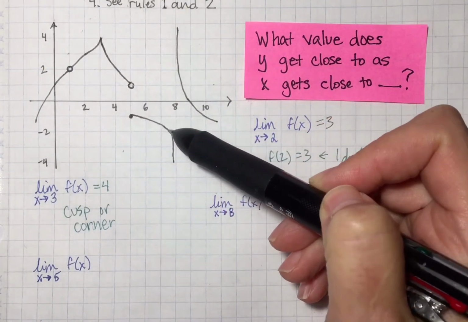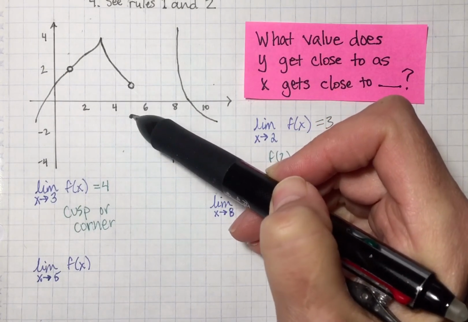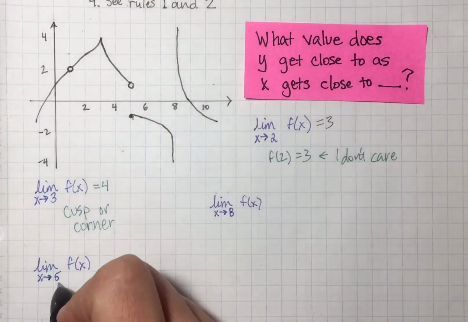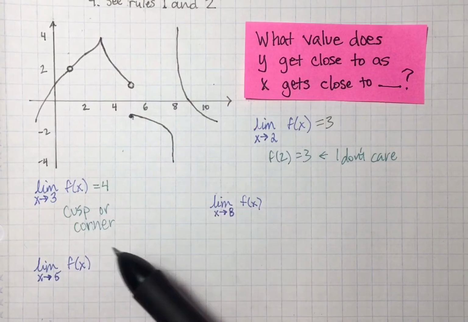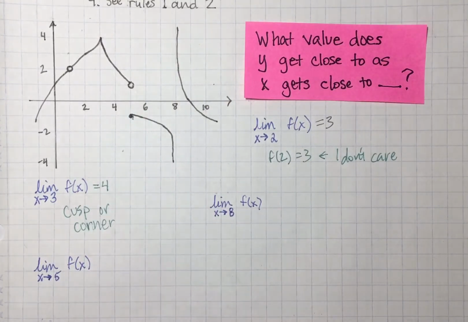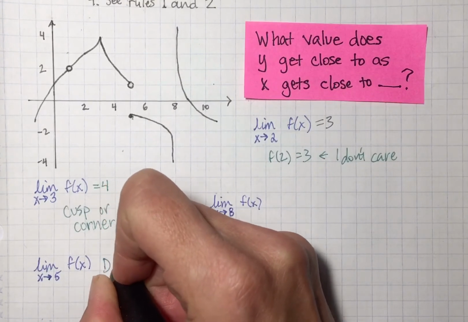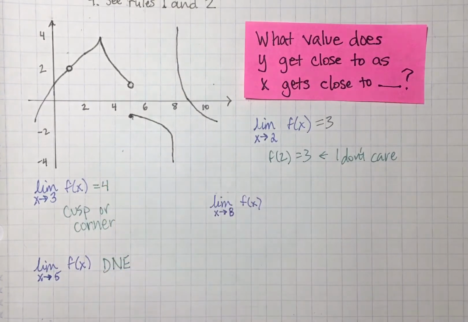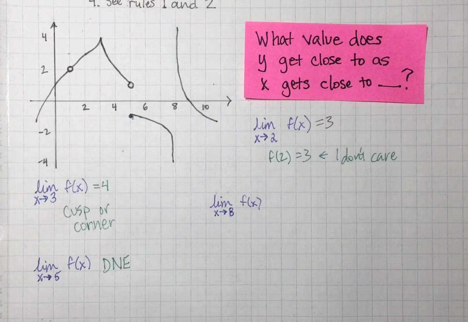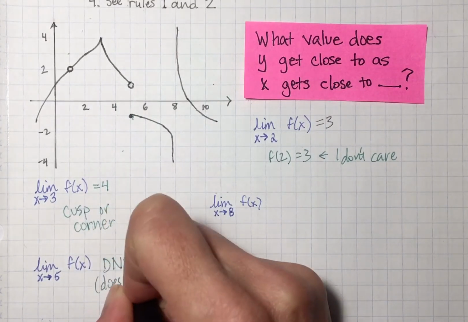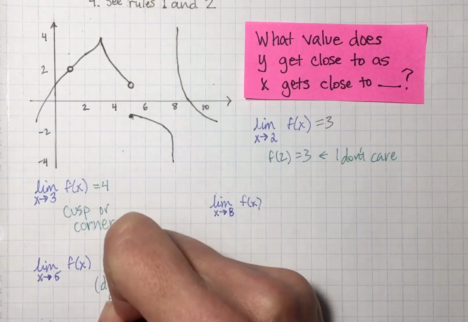But from the right side, I'm heading close to -1. So the limit as x approaches 5, because my left side and my right side aren't going to the same place, this is a mean girls limit. The limit does not exist. We usually just write DNE because mathematicians are efficient, lazy, whatever. But really it means does not exist.